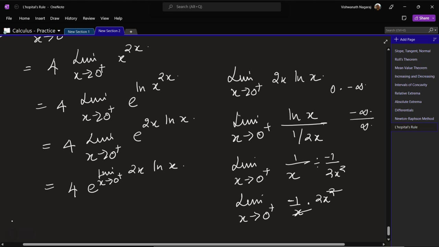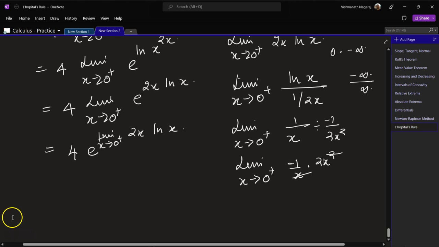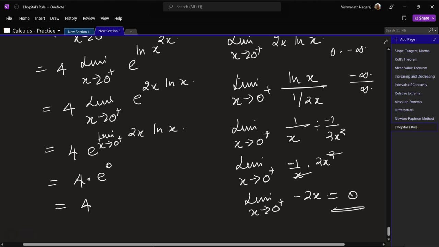Here 1x and 1x get cancelled, and we end up with limit as x approaches 0 from the positive side of minus 2x, which will be 0. So if this is 0, we just substitute it here. 4 times e to the power of 0, which is equal to 4 times 1, which is 4. So 4 is the limit.